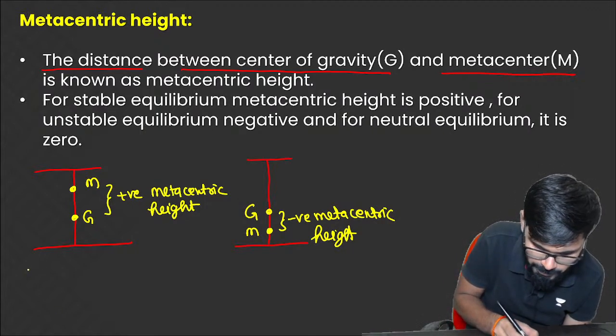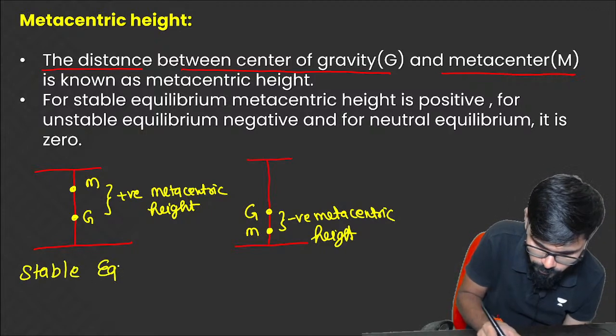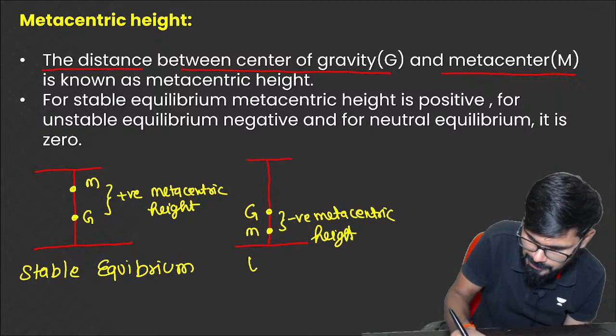So this is basically stable equilibrium, and this is unstable equilibrium.